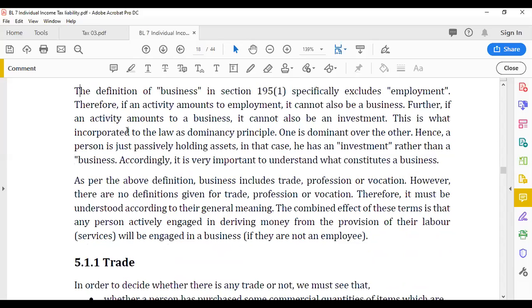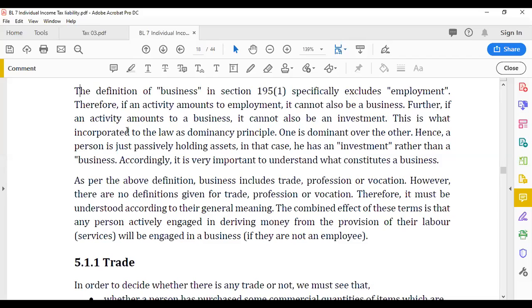The definition of a business in section 195, subsection 1, specifically excludes employment, right? If you have included any income from employment, that part should not be taken again under business income. Therefore, if an activity amounts to employment, it cannot be a business.